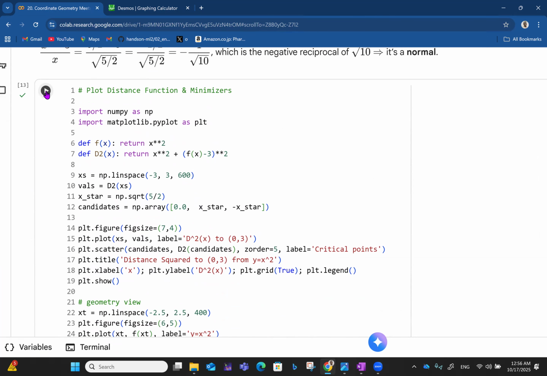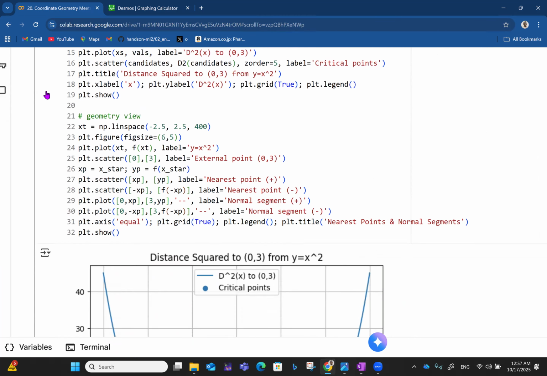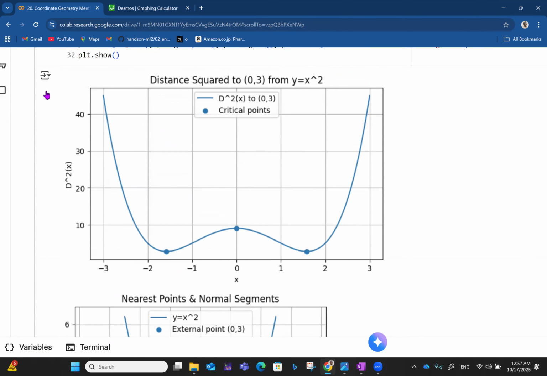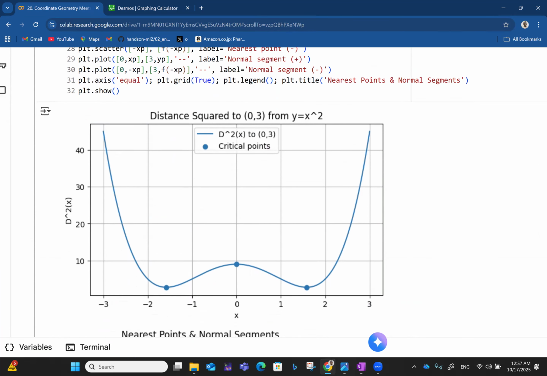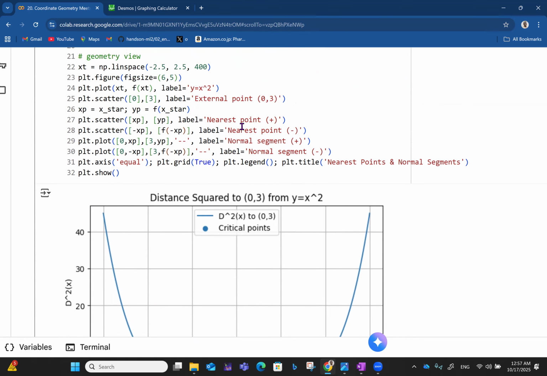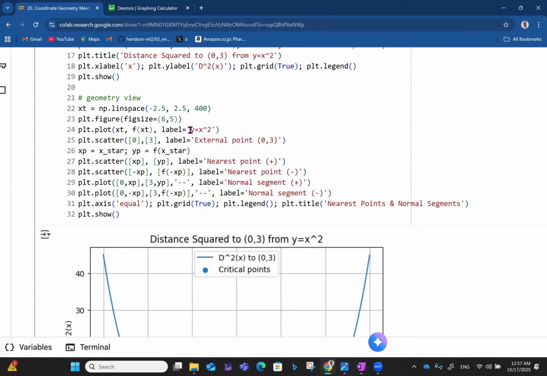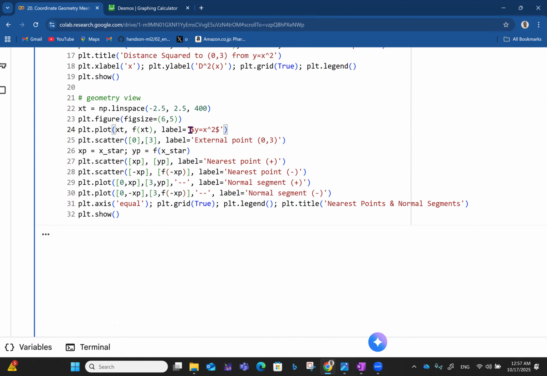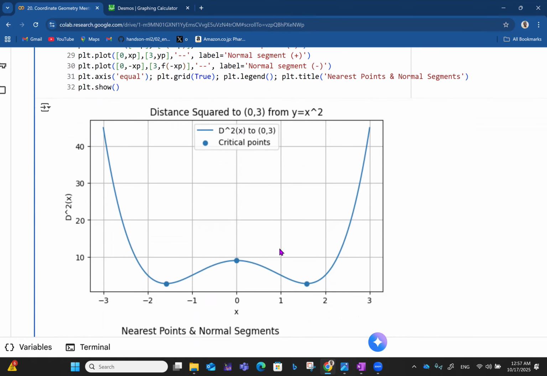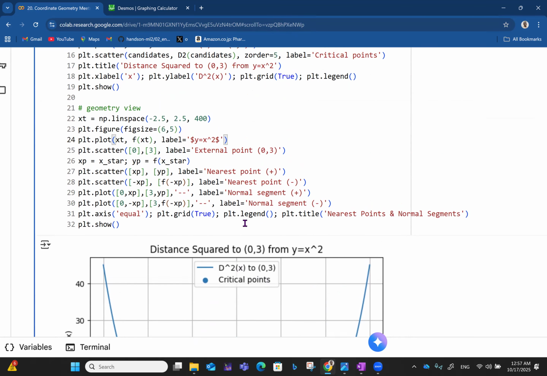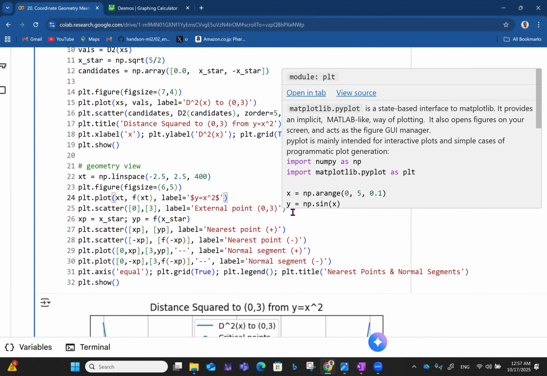So everything we've done there, we just run the code right here. This is the distance squared now. So this is the square of the distance. I can actually make this appear in LaTeX format. I just put dollar signs and run this. So it looks better. Nothing has changed. Where else do we have that thing?